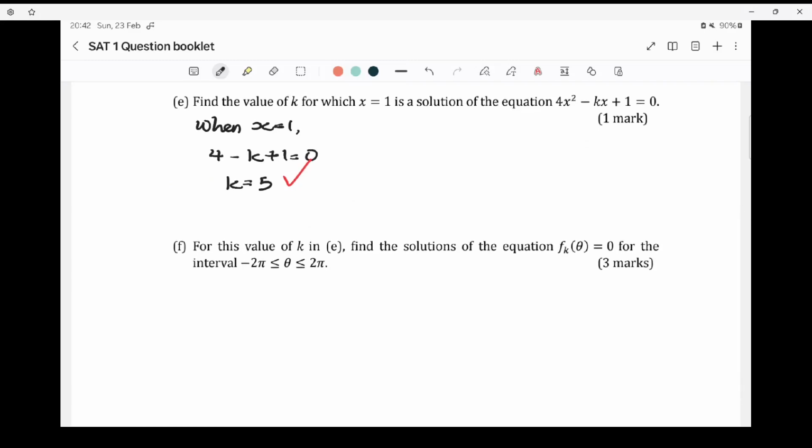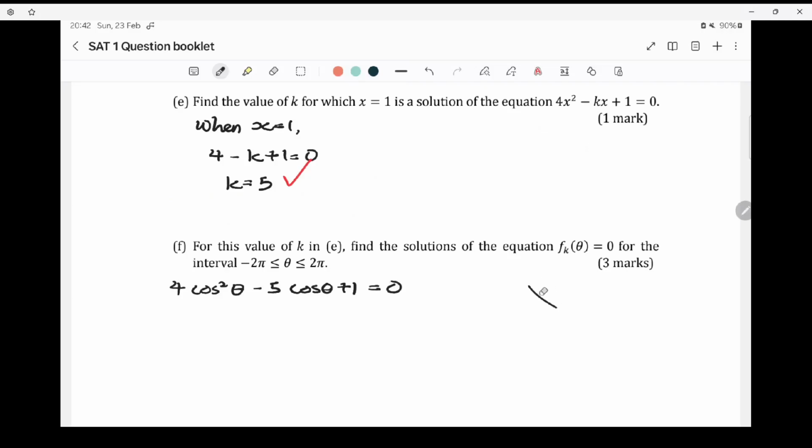So you have 4 cos squared theta minus 5 cos theta plus 1 equals 0.